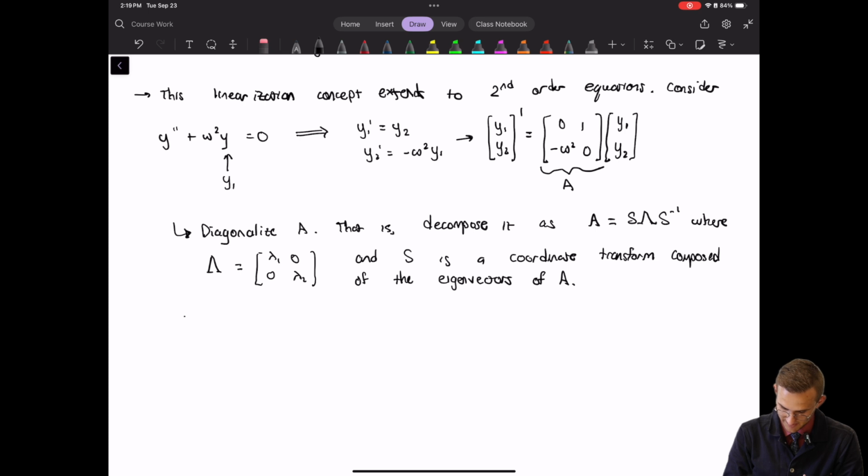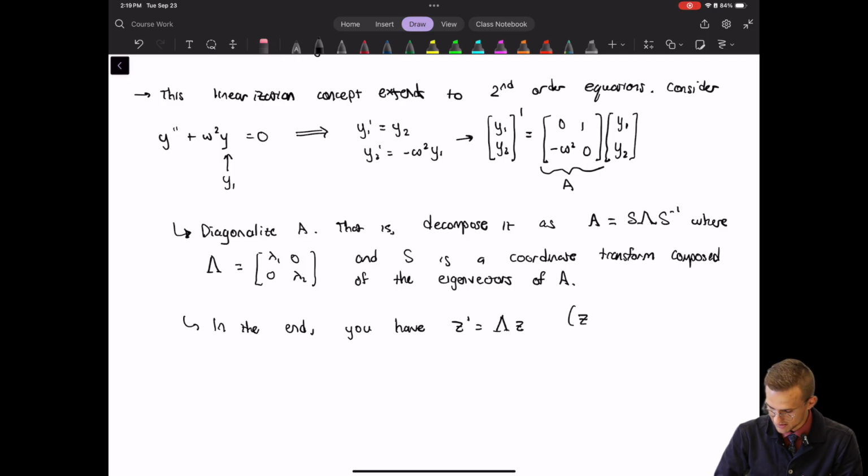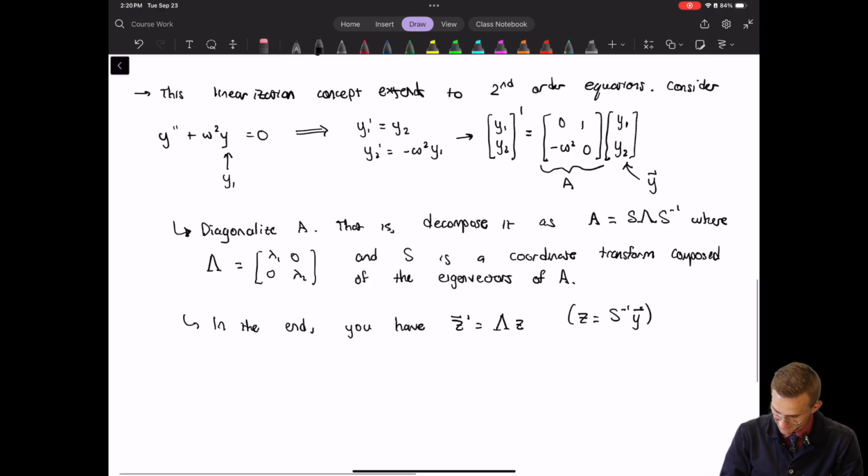But in the end, you have a new system, which you can just say z prime is equal to capital lambda times z, where z is equal to S inverse times y. Okay, and y is this vector here. So I'll put vector signs above this to make it more clear.